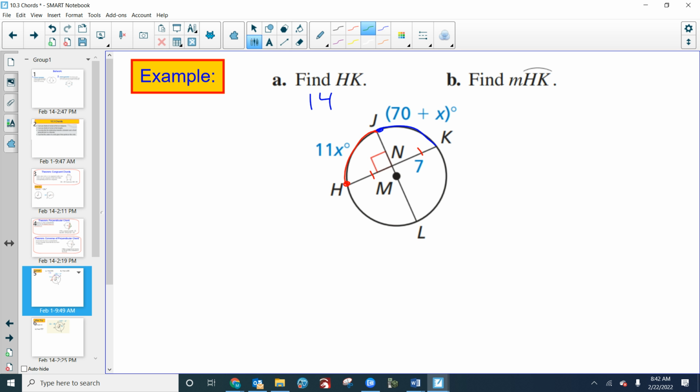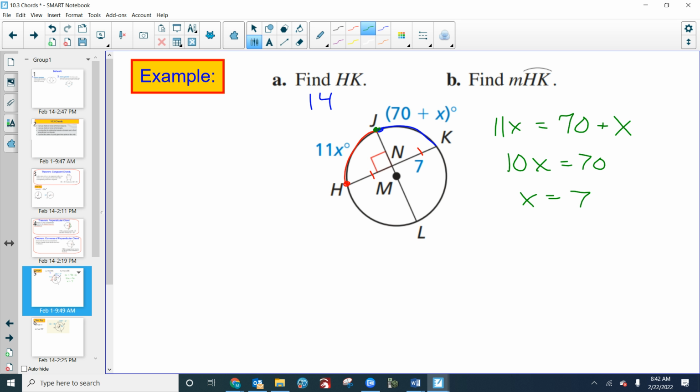And the measure of arc HK, well, we're going to have to do some math here. We should probably set those arcs equal. So 11x equals 70 plus x. Subtract x from both sides. We got 10x equals 70. Divide by 10. X equals 7. So what's the measure of arc HJ?